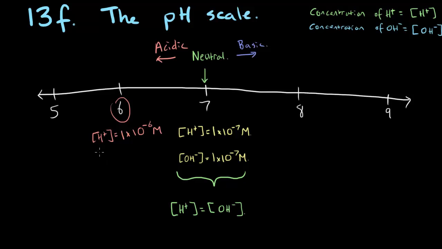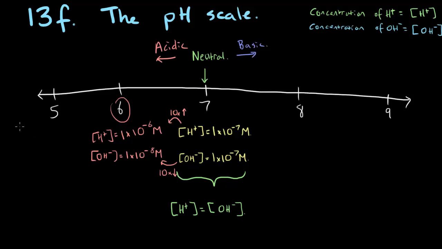Our hydroxide has actually decreased in concentration. It has gone to 1 times 10 to the power of -8 moles per litre. So during this change, this one got 10 times more concentrated, or put 10 times up, and our base was 10 times more dilute, 10 times down.